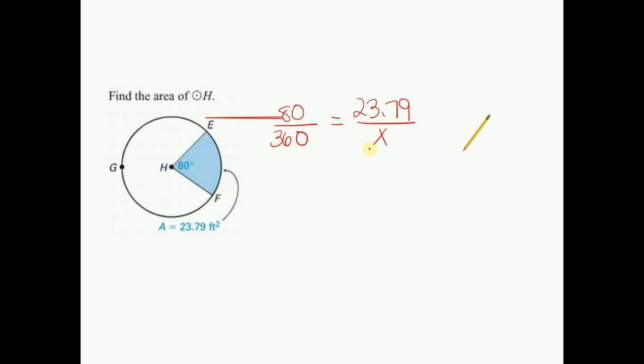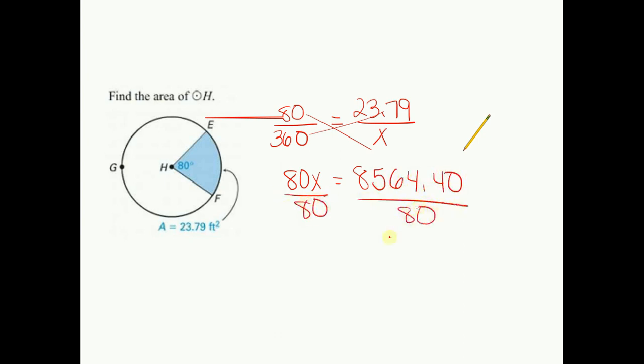So I need to find the area of my circle. Let's go ahead and cross multiply, so I get 80x equals 360 times 23.79, that is 8,564.40. Let's divide by 80. So I get x equals 107.05. And this is feet squared, since I'm talking a circle again.